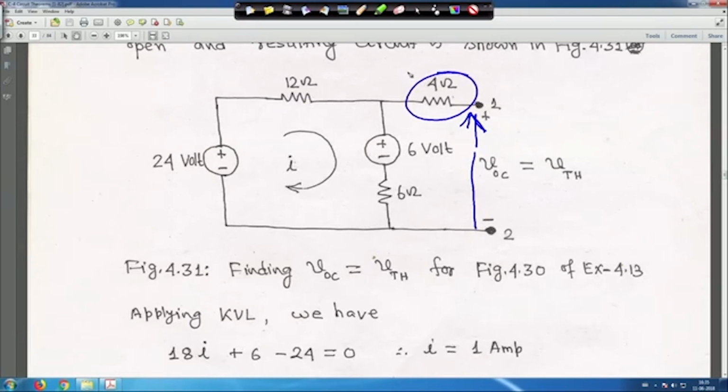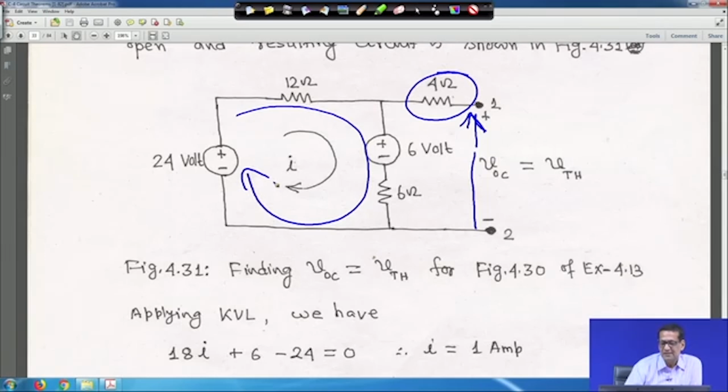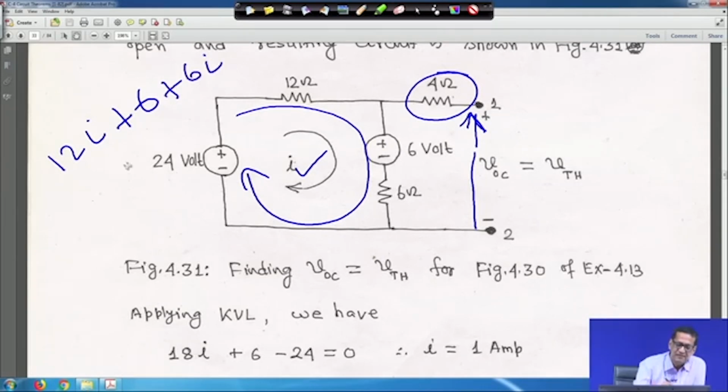So, no current is flowing through this 4 ohm resistance, because this is open, and therefore you apply KVL in this mesh. The current is I, already I have marked it, but I am just making it again, the current is I. So, I am writing here for you: 12 I, then plus 6, then plus 6 I, then minus 24 is equal to 0.